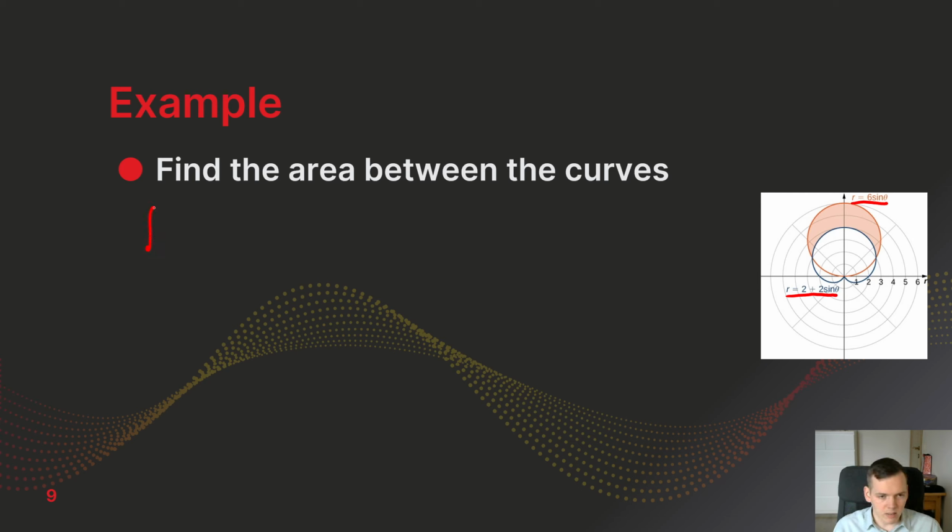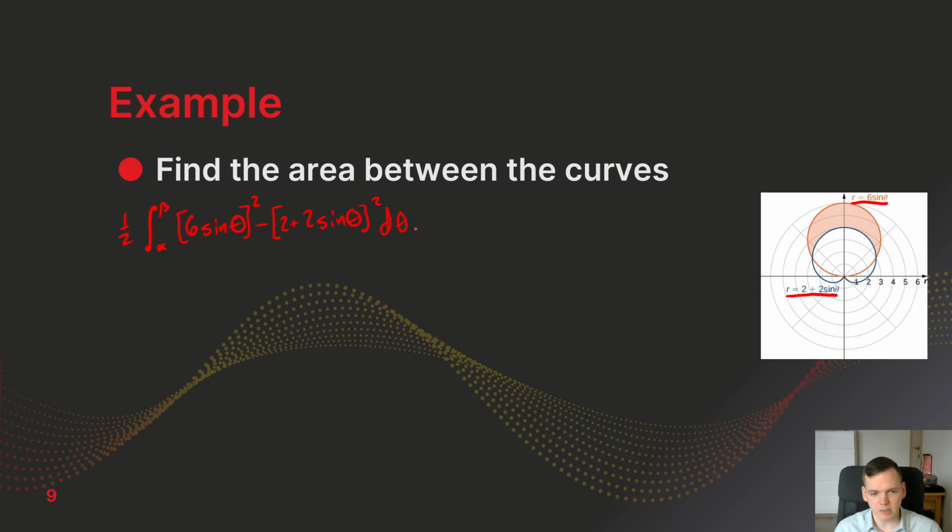So we're going to integrate over an interval, from alpha to beta, and now we need to take the outer function, the one that's farther from the origin, so we're going to take 6 sine theta, and these need to get squared, minus the inner function of 2 plus 2 sine theta squared, the 1/2, because remember it's 1/2 r squared minus 1/2 the other r squared, but because we can combine similar integrals, we end up with our setup like this.